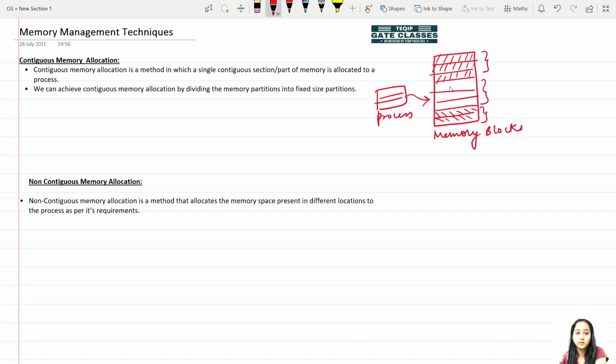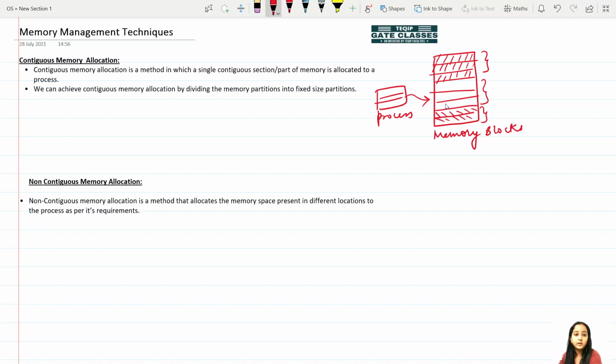If this is the contiguous section remaining, and the same process can be accommodated here, it can simply be placed here. But in case of non-contiguous memory allocation, it allocates the memory space present in different locations to the process as per requirements.